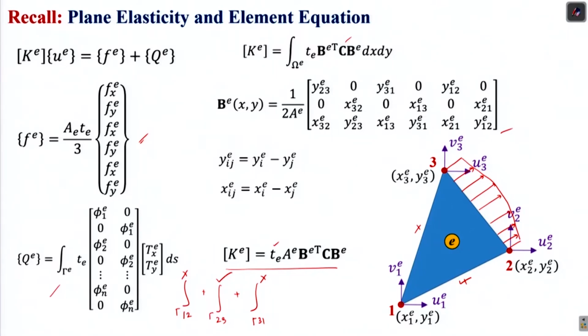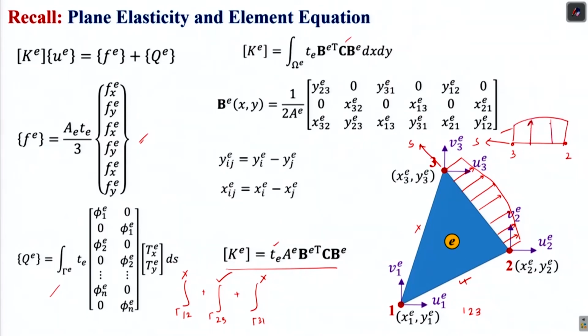Now, how to perform this integration? If you remember, we had discussed, depending on the numbering, we need to construct a local coordinate system. For instance, the node numbers are 1, 2, 3. So the local coordinate system will be something like this. This is S, and this is the origin of S, and on this we need to integrate. So this is your 2, and this becomes 3, and this is our local coordinate, and on this traction is prescribed.